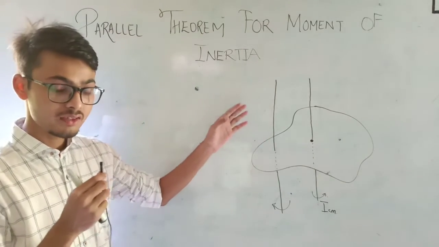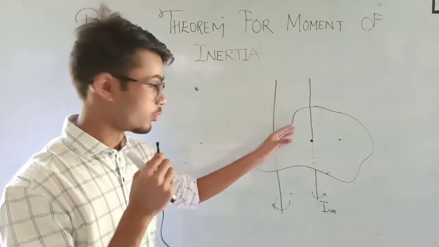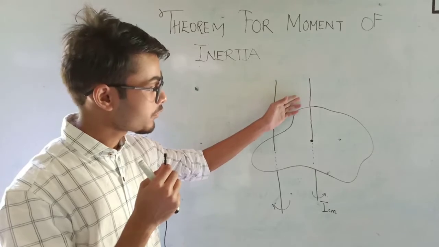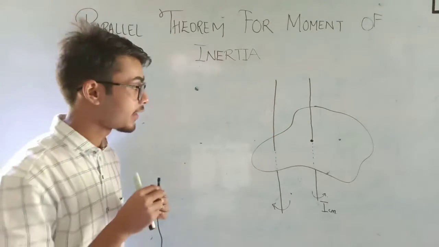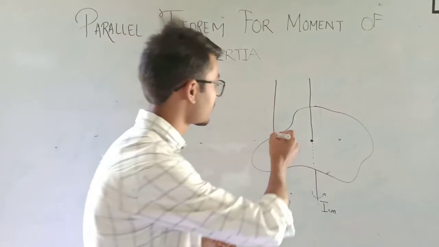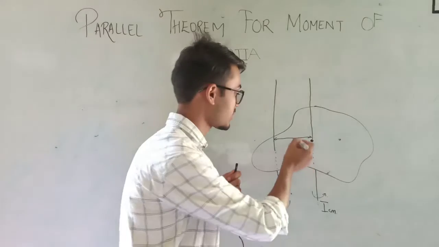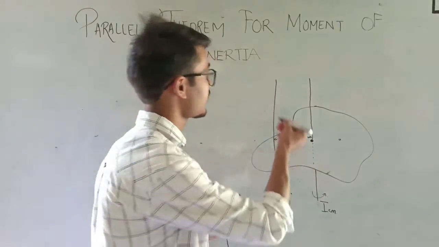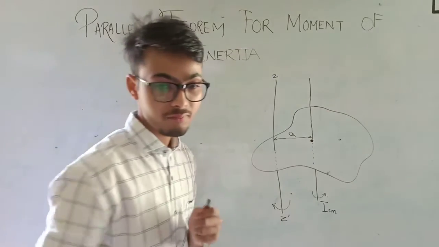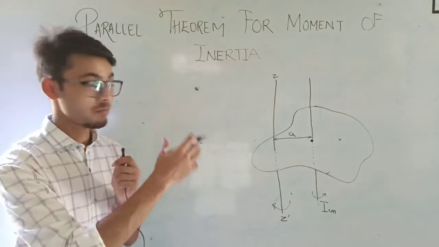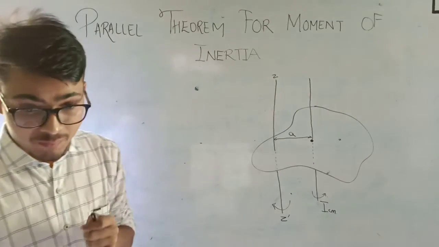There should be some given properties. For instance, we must know the moment of inertia about the axis passing through the center of mass and the distance between these two axes. Let us name this distance A and this axis the ZZ axis. Now this information should be available with us to find our moment of inertia.